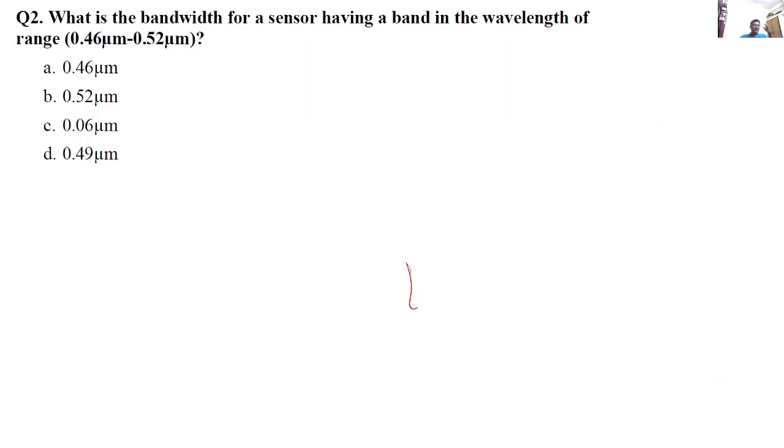Okay, now let's look at the second question. What is the bandwidth for a sensor having a band in the wavelength range 0.46 micron to 0.52 micron? Any answer to it? Feel free to unmute yourself and answer if you want.